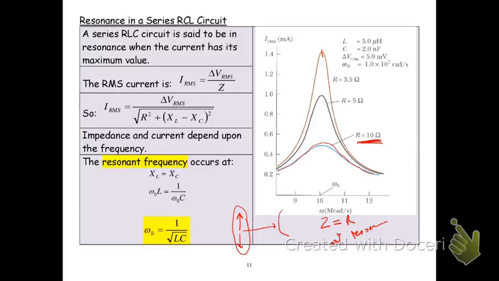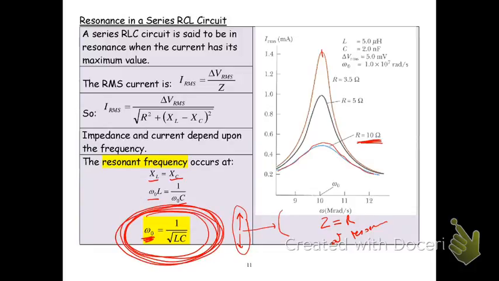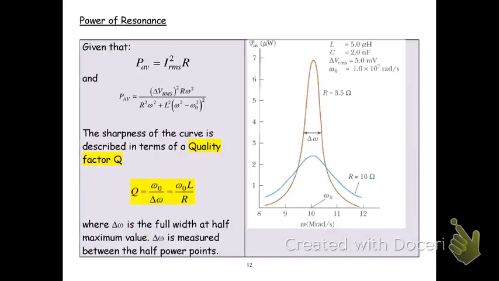The resonant value of your circuit depends upon when XL equals XC, which means omega L is equal to 1 over omega C, which means that omega squared is equal to 1 over LC. Know that. Know how to determine the resonant frequency of your circuit.